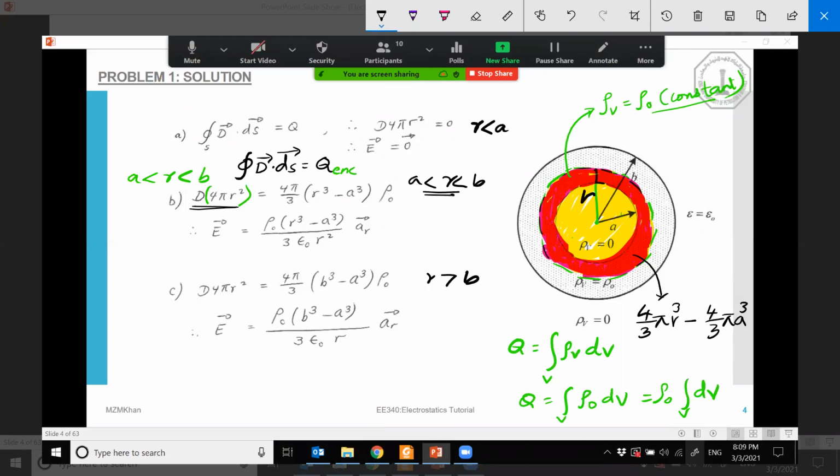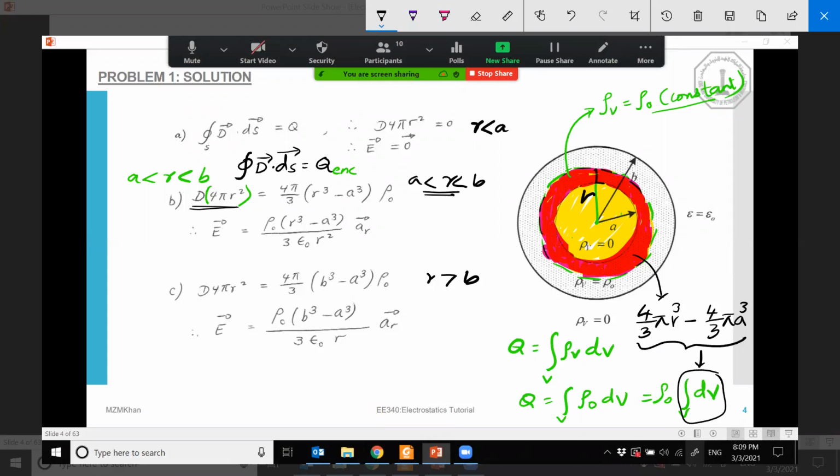So the complete volume of my sphere is the volume enclosed in my green spherical shell, 4/3 πr³, and from here, if I subtract the one which doesn't have the charge, the yellow one, 4/3 πa³, this will give me this volume.